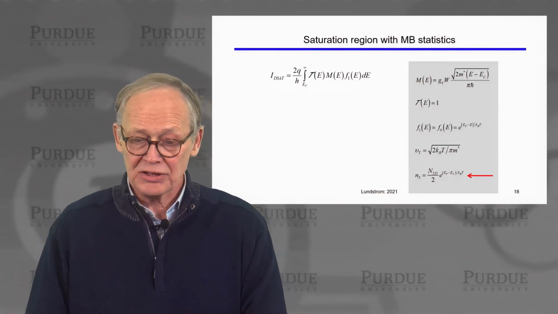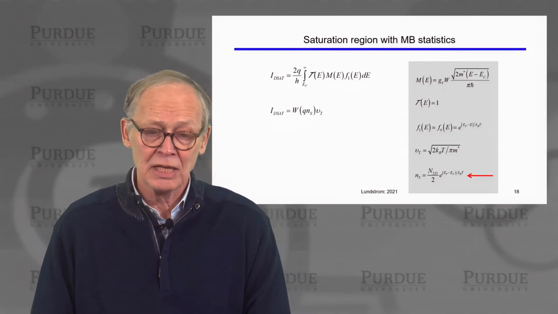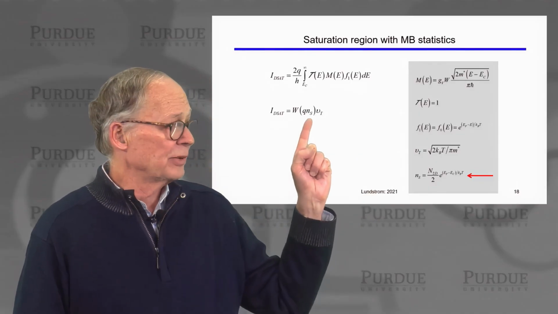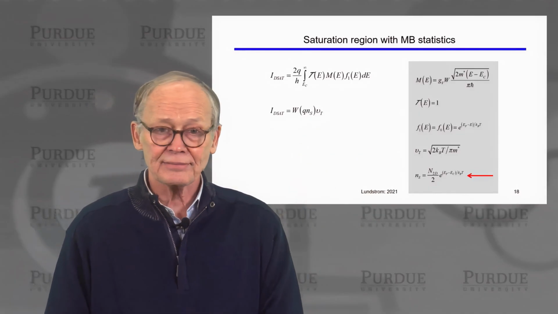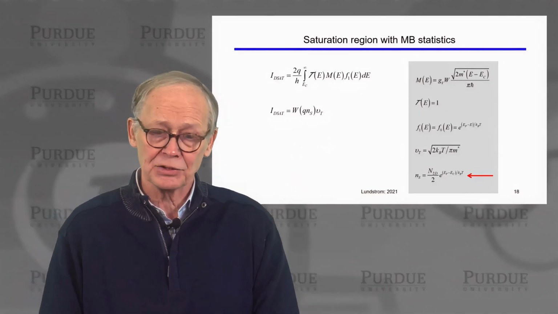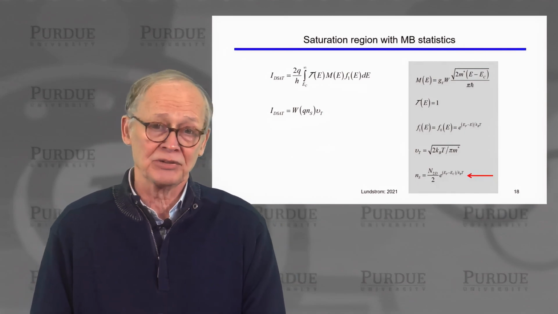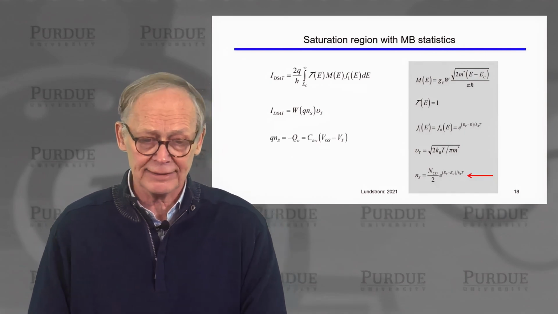Well, if we do the calculation, making sure we account for this factor of 2 here and being careful, we will find that the saturated current is width times Q times the electron density per square centimeter at the virtual source times the unidirectional thermal velocity. That's what the result of performing this integral tells us.